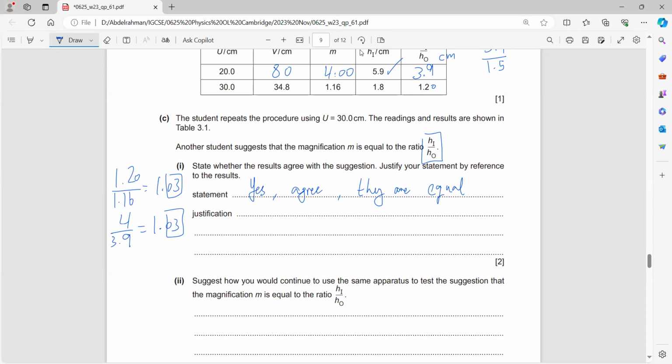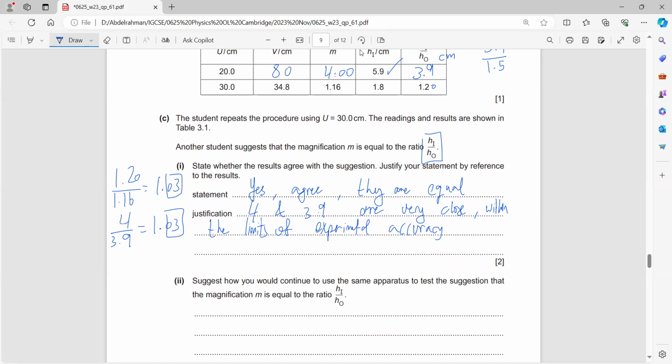I'll write it down: 4 and 3.9 are very close and within the limits of experimental accuracy.